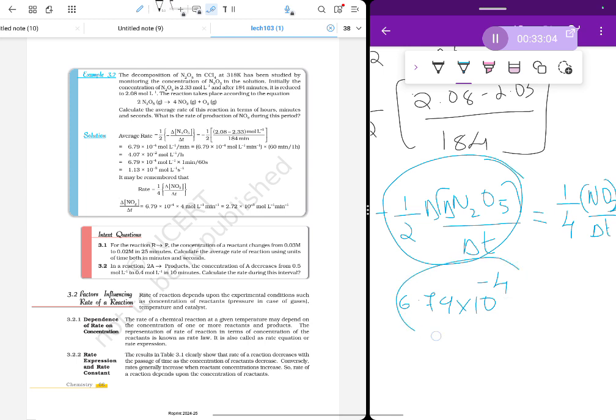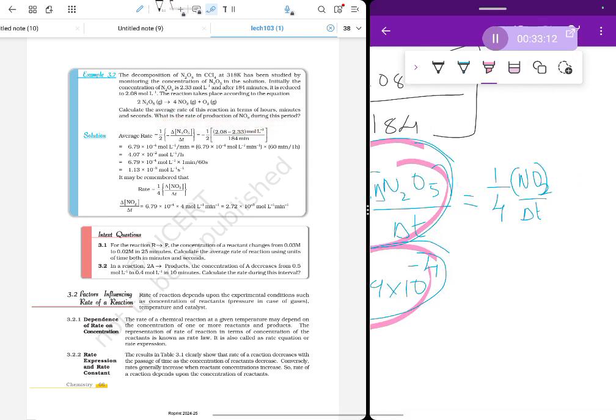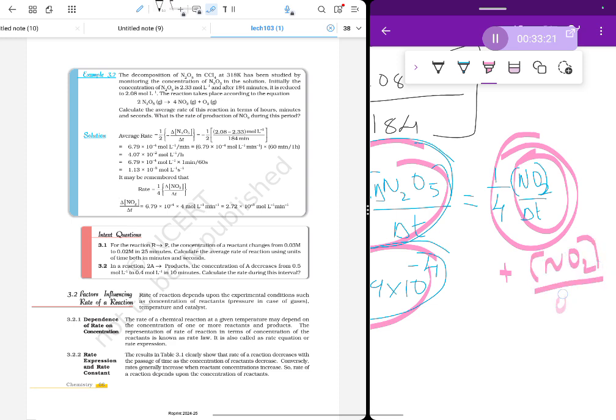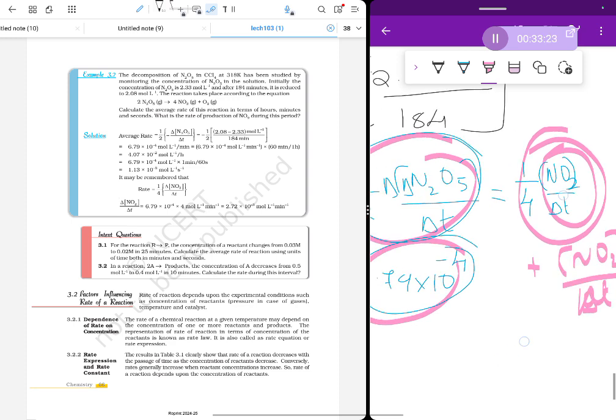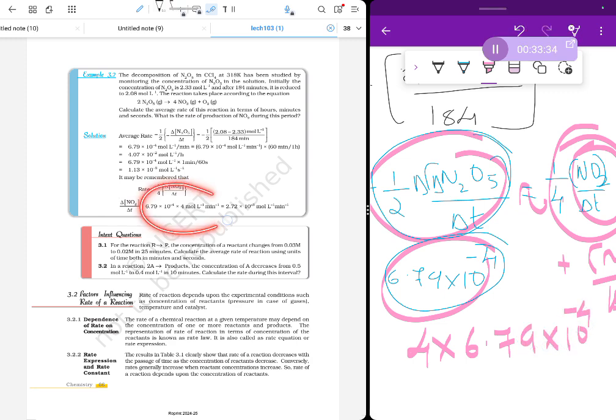We already found this. Now we have to find the rate of production of NO2. All this is the rate of reaction, but the rate of production we know is plus delta NO2 divided by delta T. So you take the 4 here, so that is 4 into 6.79 into 10 to the power minus 4. That's what they have done here.